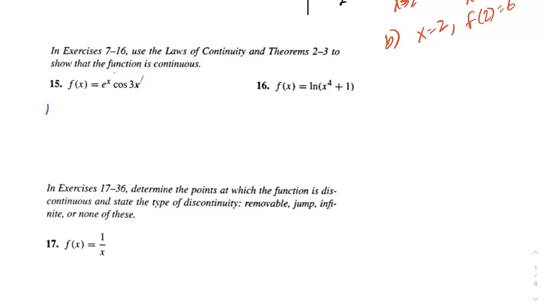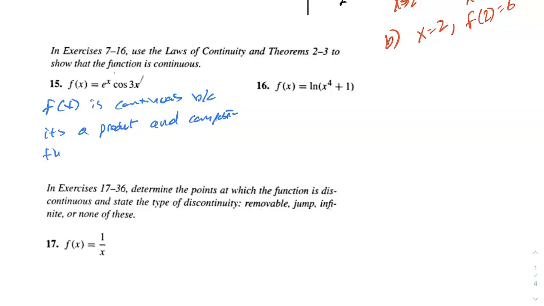So in this case, f of x is continuous because it's a product and composition of the known continuous functions: e to the x, right?